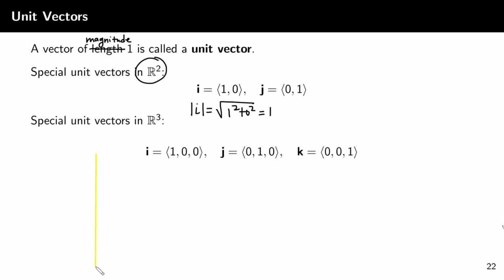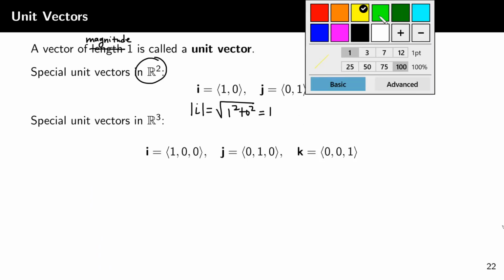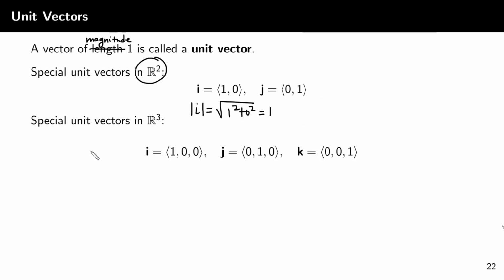So, let me draw... bakit yellow to? Let me use... ito, yellow-green. Okay. So, itong I, if we're going to start at the origin, yan, andito ngayon ang point na ang coordinates ay 0, 1.